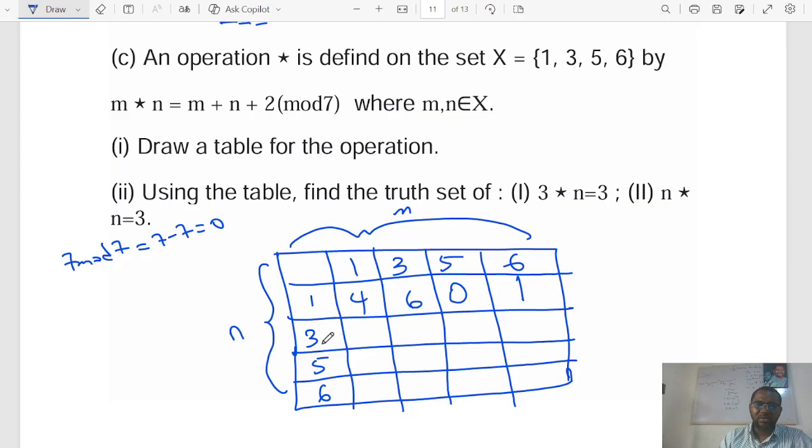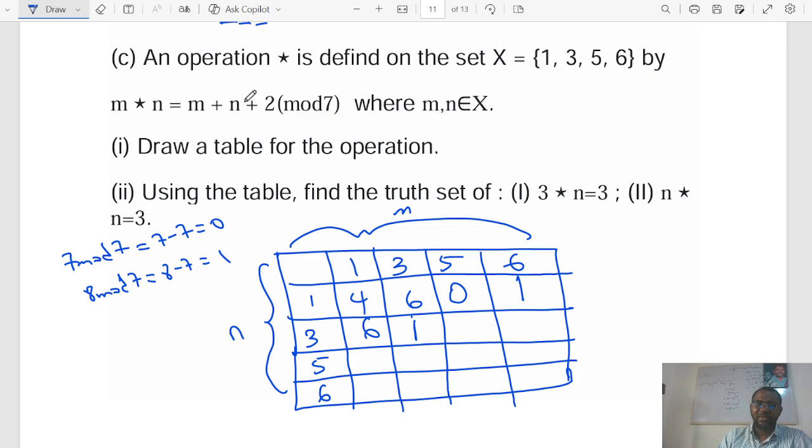So here is 1 star 3. 1 plus 3 plus 2 is 6. So this is still 6. This is 3 star 3. This is 3 plus 3, 6 plus 2, 8. So I will subtract 7, mod 7. 8 mod 7 is the same thing as saying 8 minus 7, which is 1. Then this is 5 star 3.